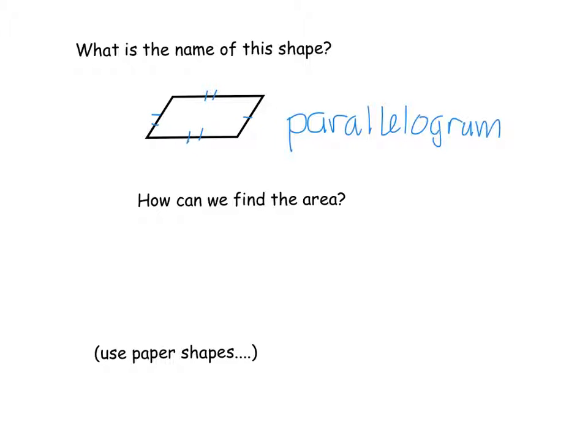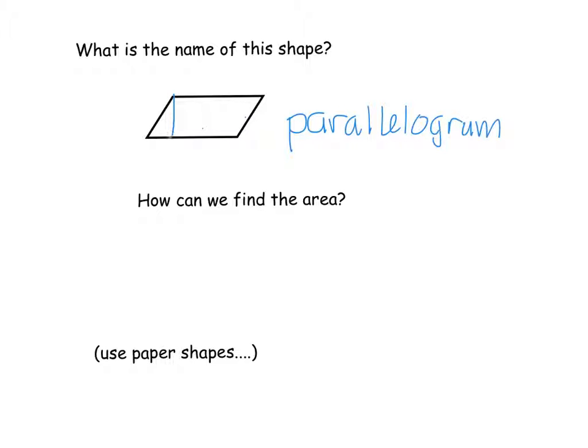It does not necessarily have a right angle, although it could, and if it did, it would look like a rectangle. So rectangles are also a type of parallelogram. So how can we find the area of this? They're very similar to rectangles, but not exact because they're slanted.